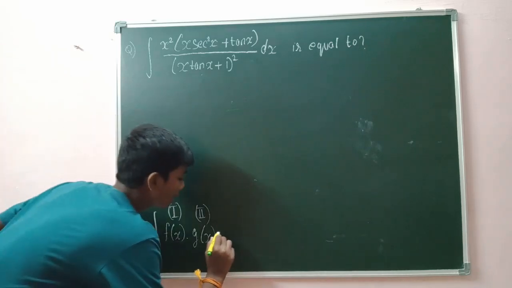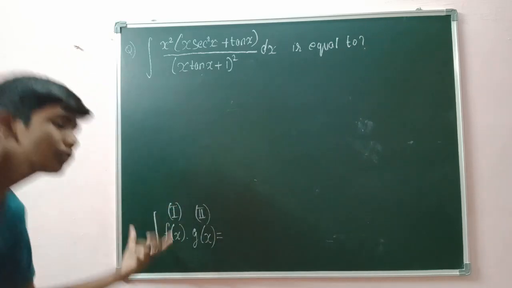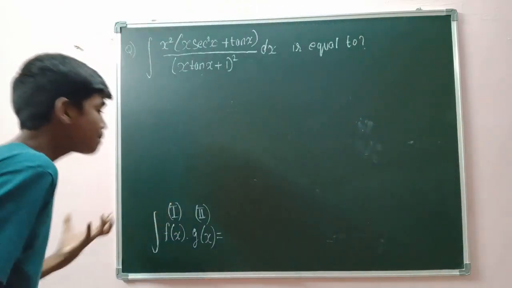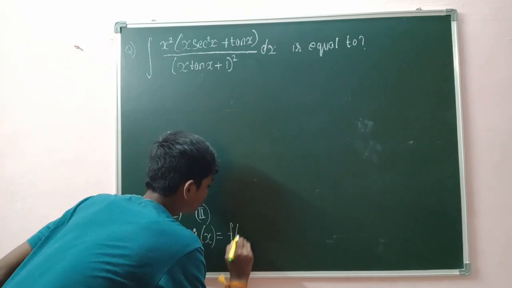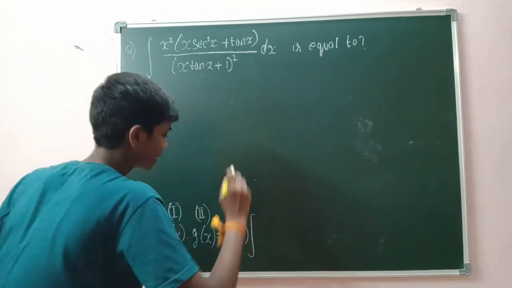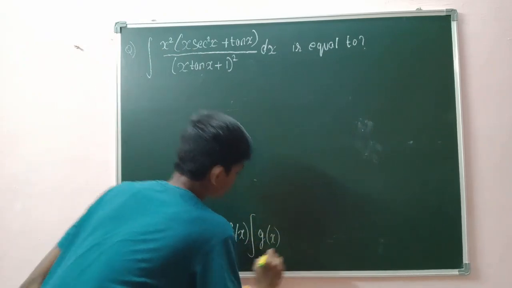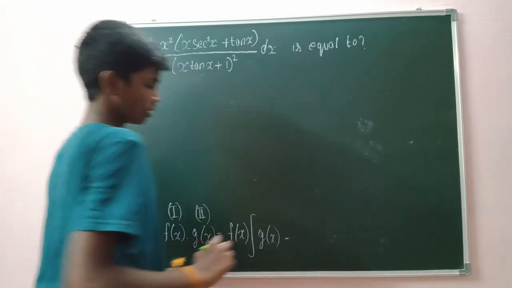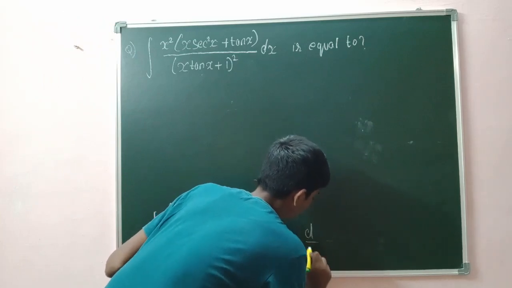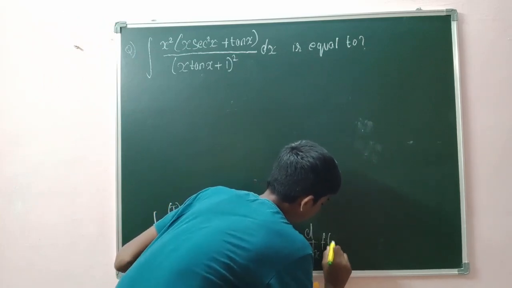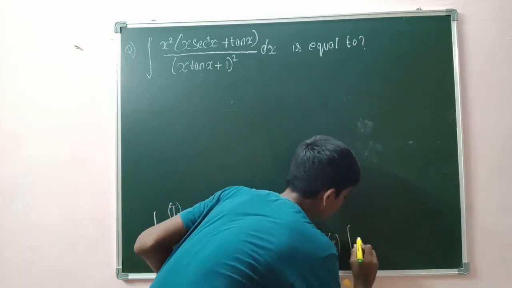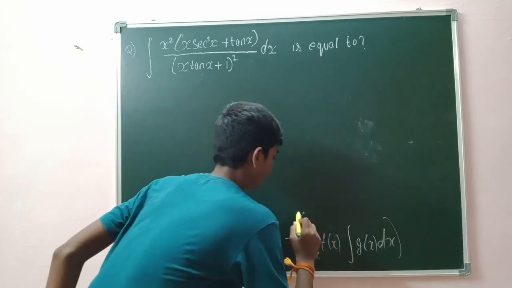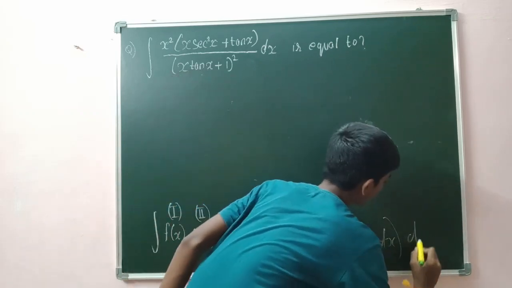Okay, so if you have two functions f of x and g of x, and you need to use by parts, with f of x as the first function and g of x as the second function, then using by parts I can write the same integral as first function times integral of the second function, minus the integral of the derivative of the first function, d/dx of f of x, times the integral of the second function, dx.